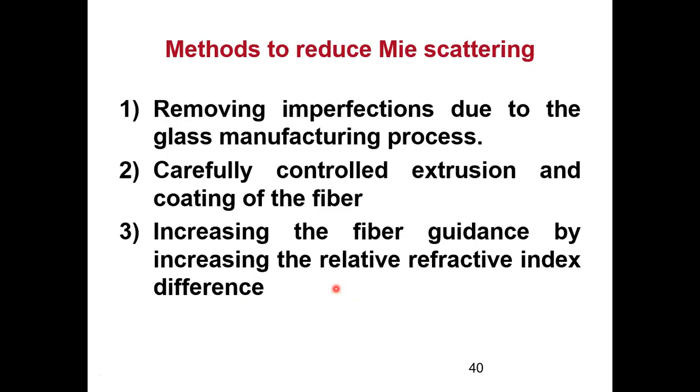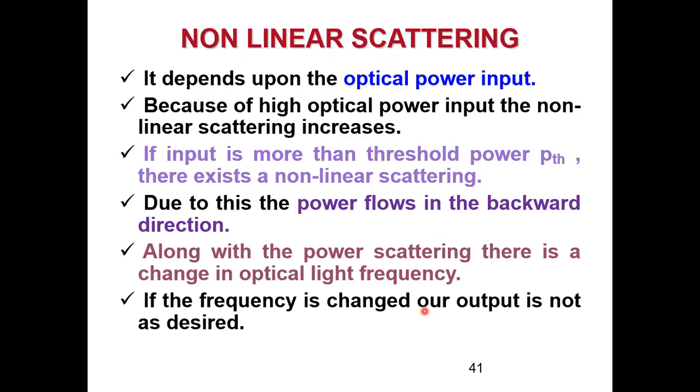And then if there is some fluctuation in the refractive index of the core, that can be neglected because delta itself is a very small figure, less than 1. So that was your category of linear scattering, which was Rayleigh scattering and Mie scattering.